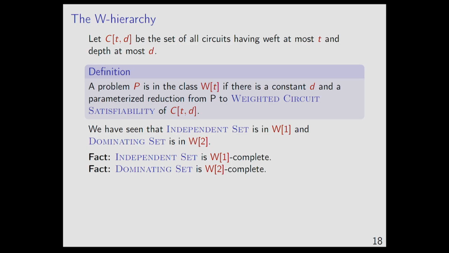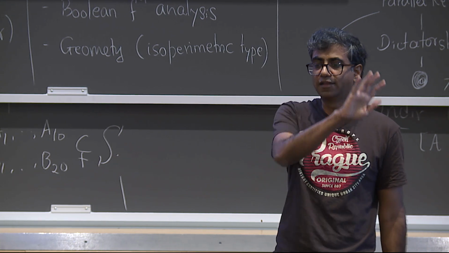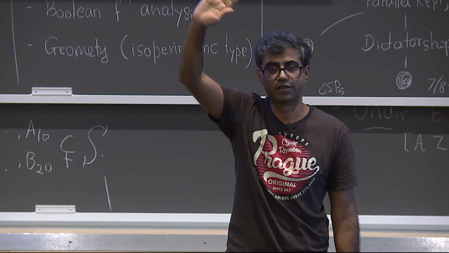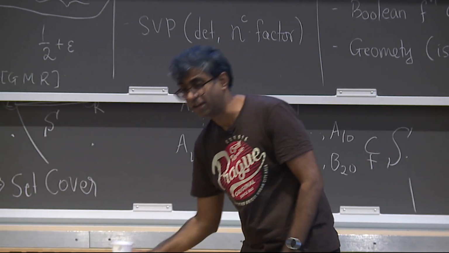Now we have seen that independent set is in W1 and dominating set is in W2. And the fact is, independent set is W1-complete and dominating set is W2-complete. So that is where you see W1 and W2, they come from these circuits. Any question?